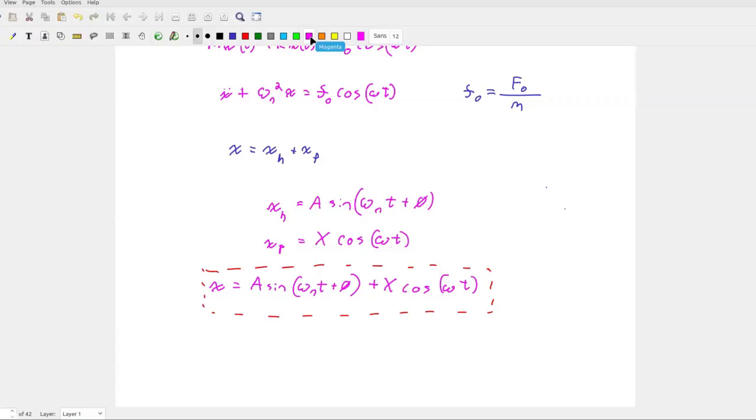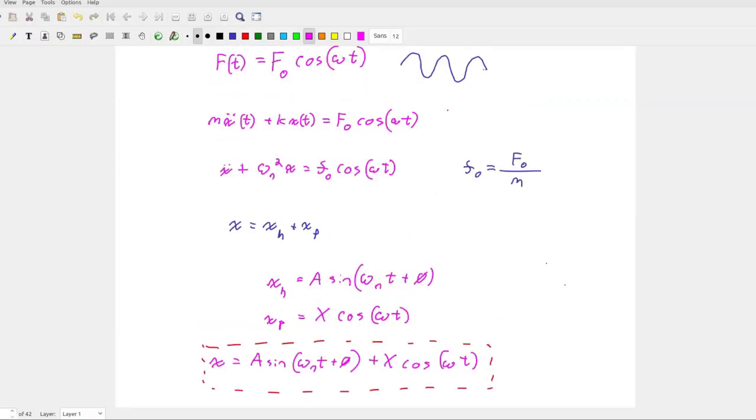It's omega n. So again, if it wasn't clearly defined, I apologize. This X cosine of omega t, this omega here, is our frequency of the forcing function.